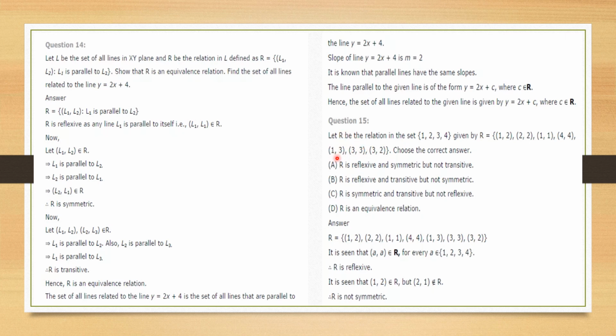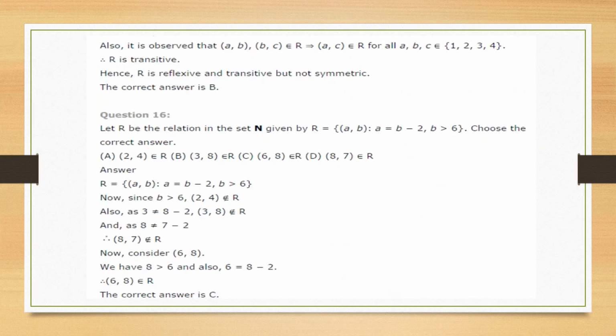So this relation satisfies the transitive nature, so this relation is going to be transitive also. So the relation is reflexive, transitive but not symmetric. So option B is true, and option B is the correct option.